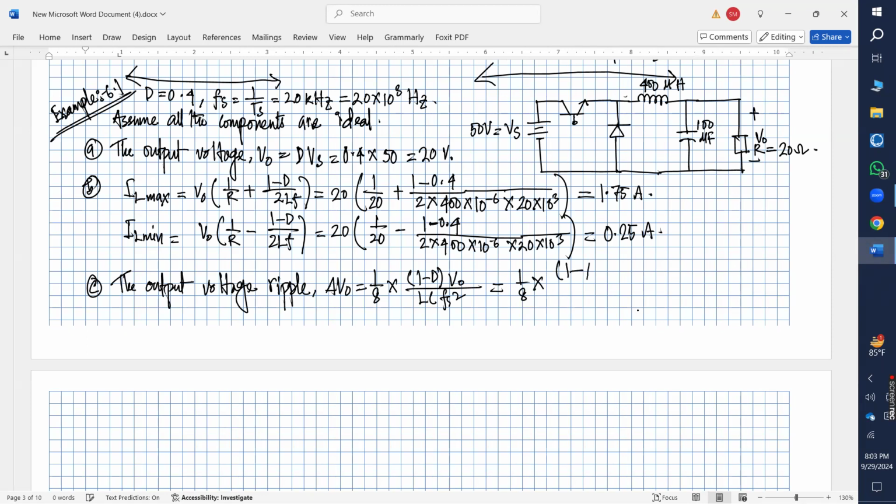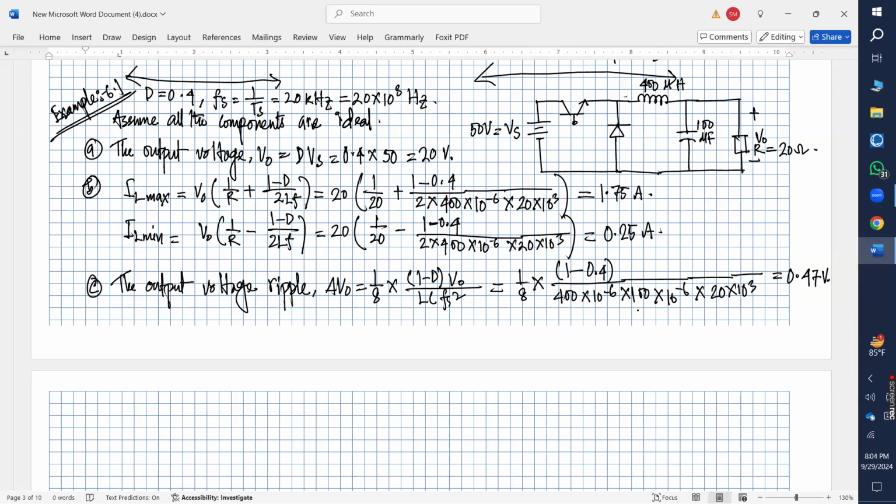So if I put this value, 1 over 8, 1 minus D value is 0.4, then your L value is 400 multiplied by 10 to the power minus 6, multiplied by C value 100 multiplied by 10 to the power minus 6, and your frequency value is 20 multiplied by 10 to the power 3. So what should be this value? 0.47 volt, right?